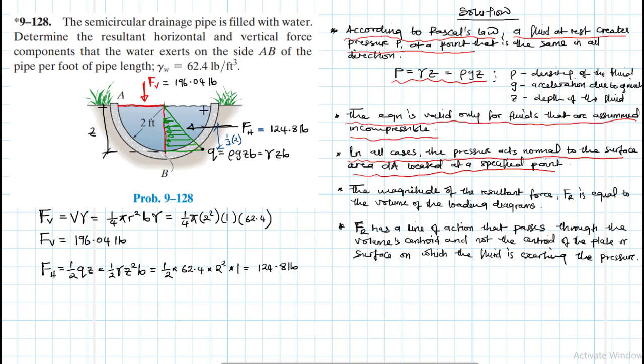We found the horizontal, we found the vertical, and that's about it. I hope the video was helpful. Let me put this in blue. FV is equal to 196.04 pounds and FH is equal to 124.8 pounds.